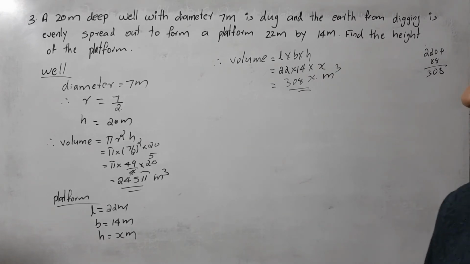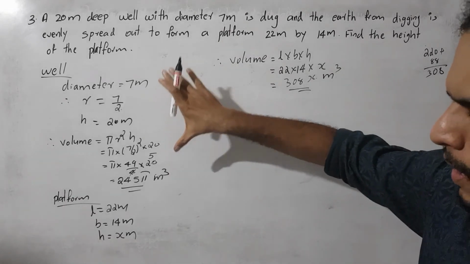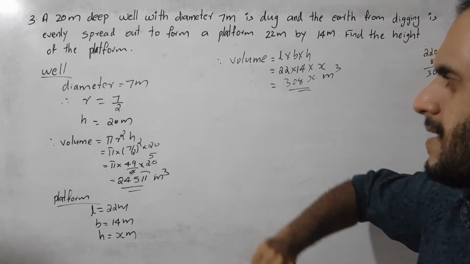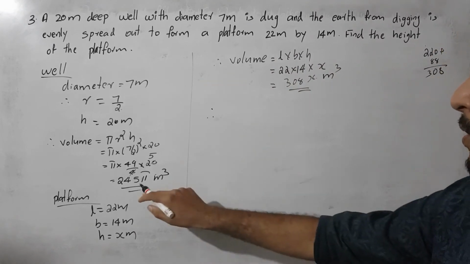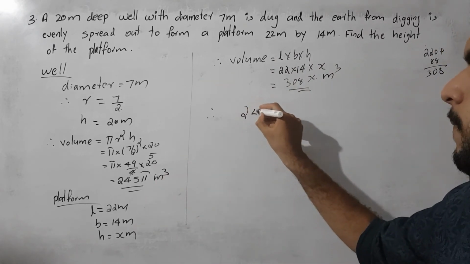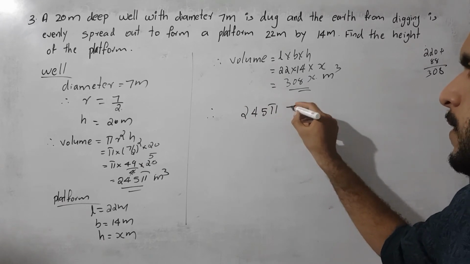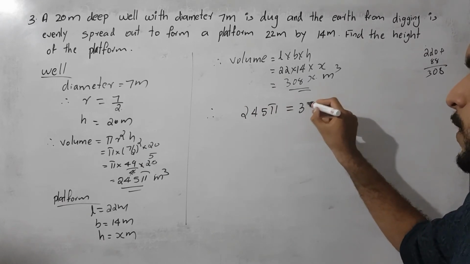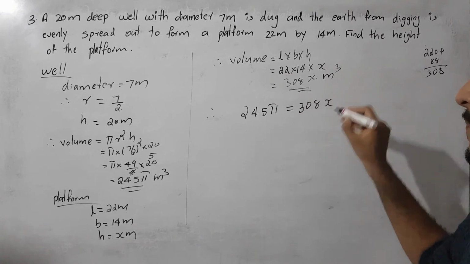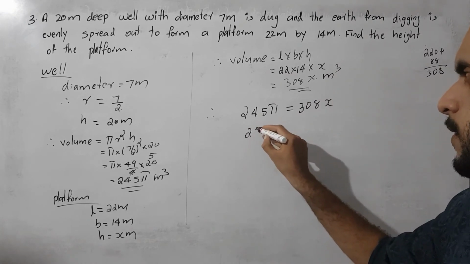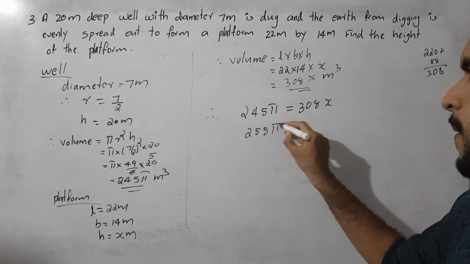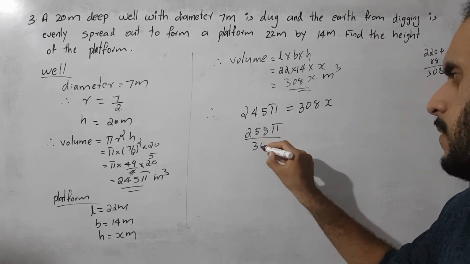Then it's very clear, the volume of the well is equal to the volume of the platform, correct? Therefore 245 pi is equal to 308x. Then x is equal to 245 pi by 308.